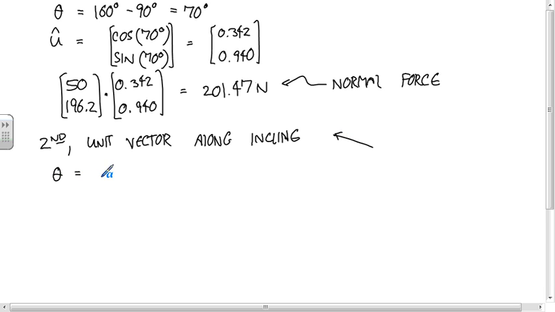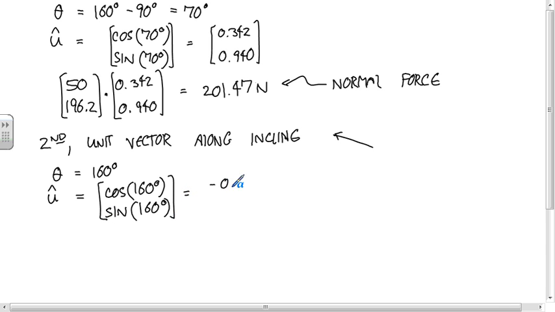So theta is equal to 160. And that means the unit vector is equal to cosine of 160, sine of 160. And I think this time it should be negative 0.94 and positive 0.342.